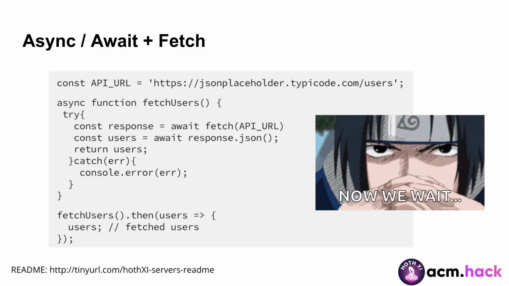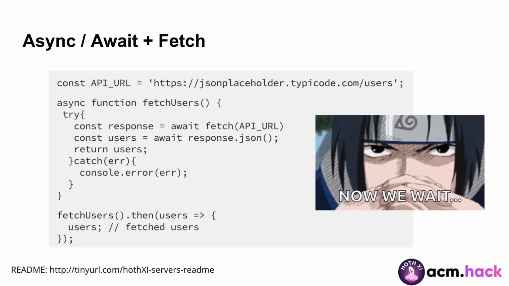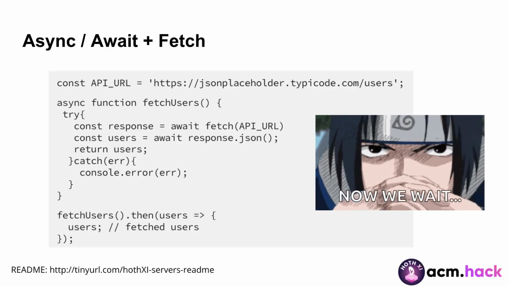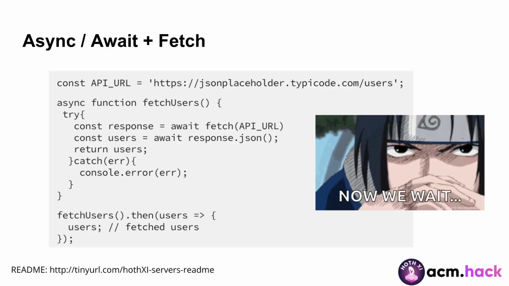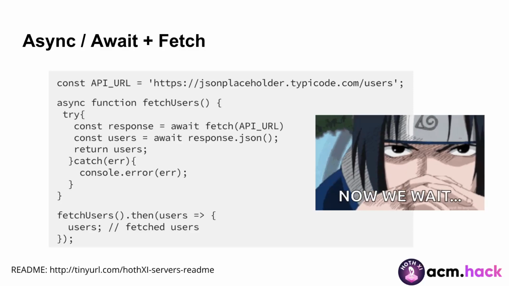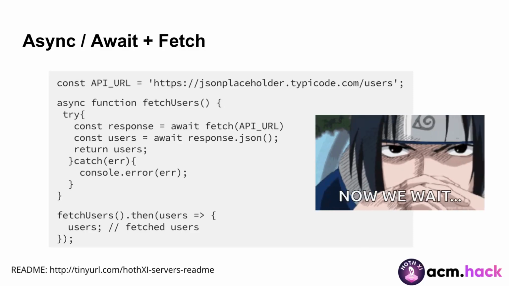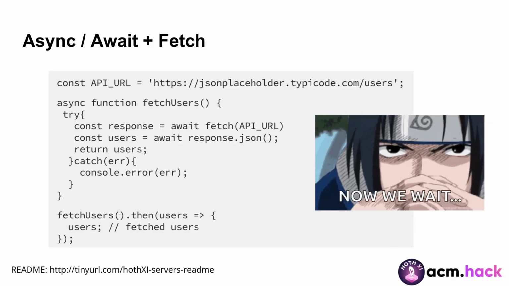And then the typical format that we write our asynchronous functions in is to have a try catch block inside. Inside of our try block, we're going to do const response equals await fetch, and then the URL or the endpoint that you're making your HTTP request to.